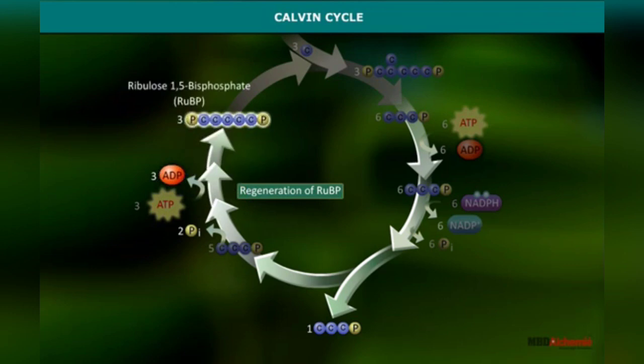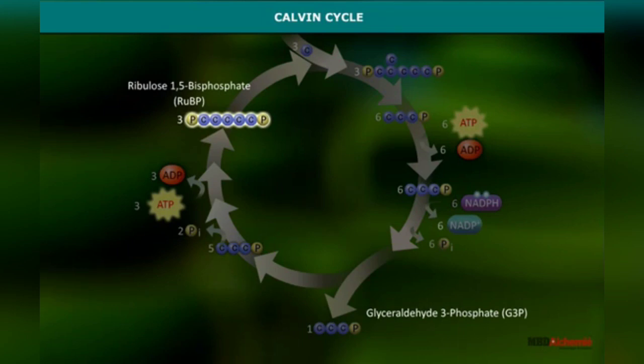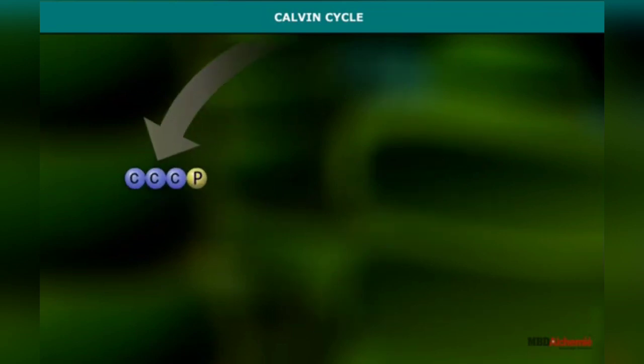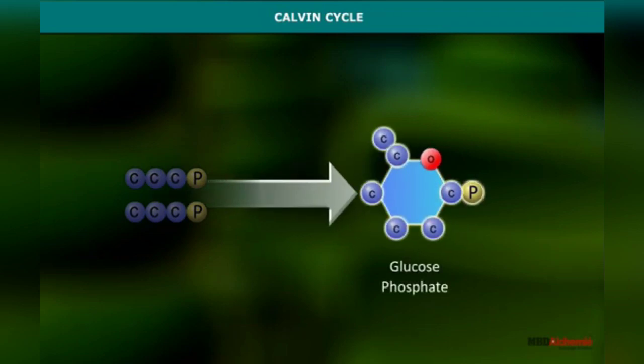For every 6 steps of the cycle, 5 molecules of glyceraldehyde 3-phosphate are used to reform 3 molecules of ribulose 1,5-bisphosphate. The remaining glyceraldehyde 3-phosphate is then used to make glucose, fatty acids, or glycerol.